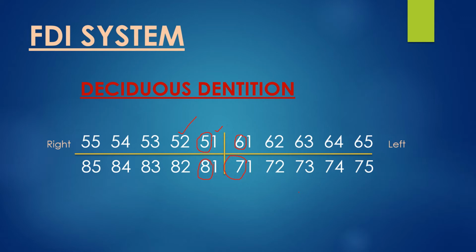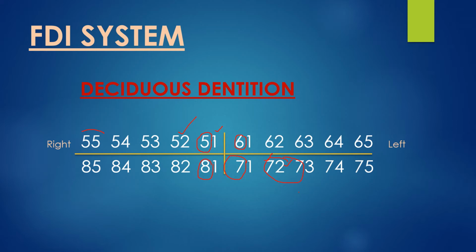Similarly, in the lower arch, if we see 7-2, the number 7 denotes the lower left quadrant, and number 2 denotes the tooth number, that is lateral incisor. So 7-2 denotes the lower left lateral incisor.